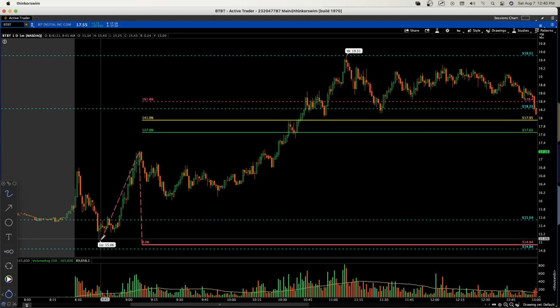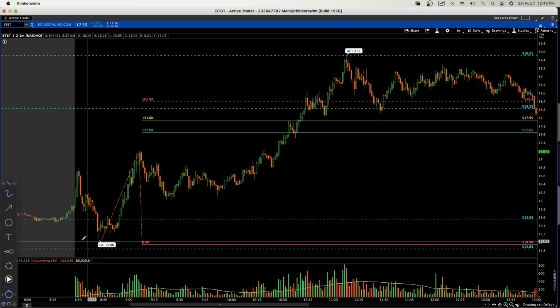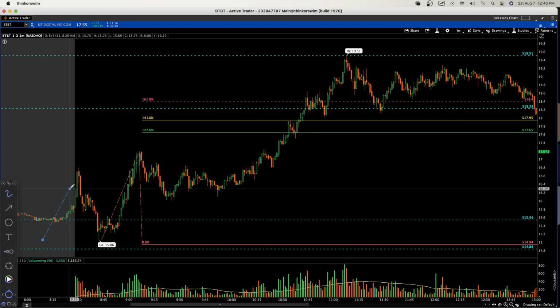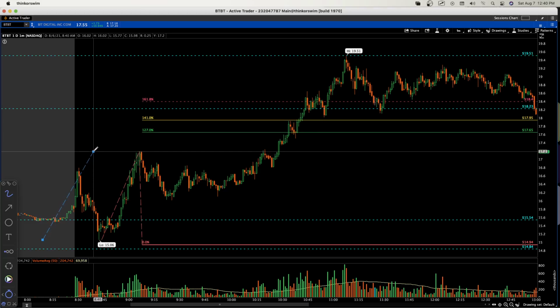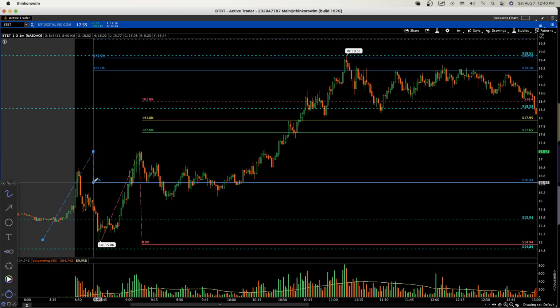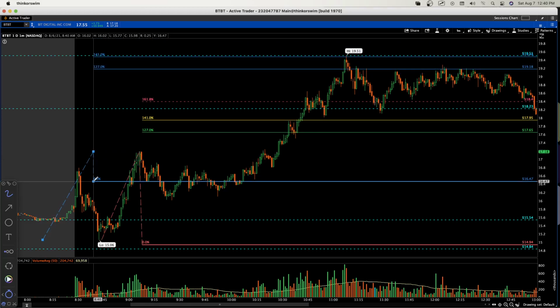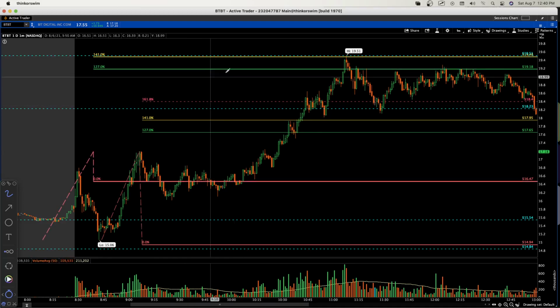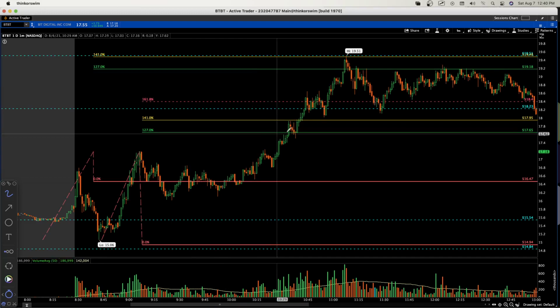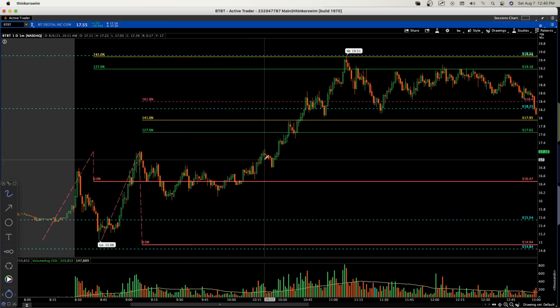But again, if you did this drawing the way other people do it, the bottom of this move to the top of the move, to where it pulled back to, which was right around that 38.2 level, look at where your profit is up there. Yeah, you ended up hitting it, but I tell you, most times, this thing ran like crazy. Most of the time, you're not even ever going to get up there.